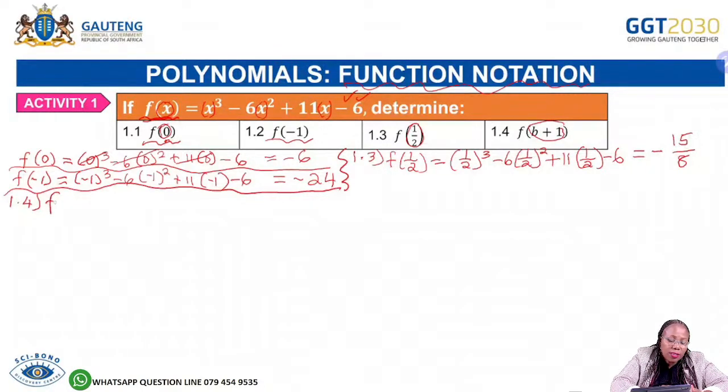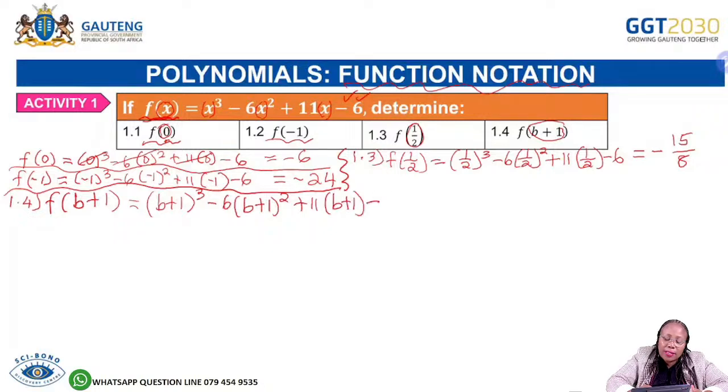We are still using the same equation, f at x, then our x will be b plus 1, and then equals (b plus 1) cubed minus 6 times (b plus 1) squared plus 11 into (b plus 1) minus 6. That means our value of f at b plus 1 will be in terms of b.